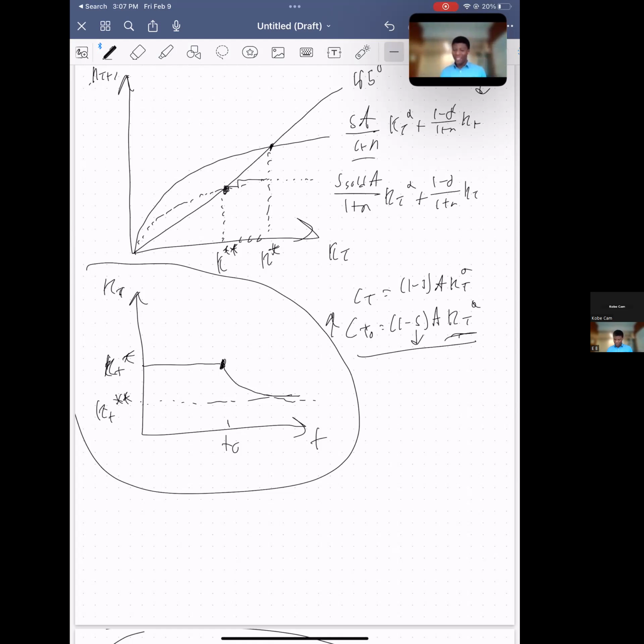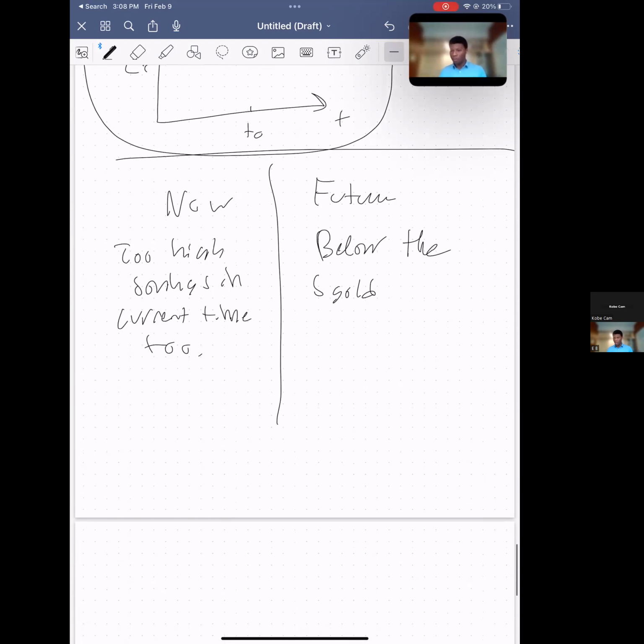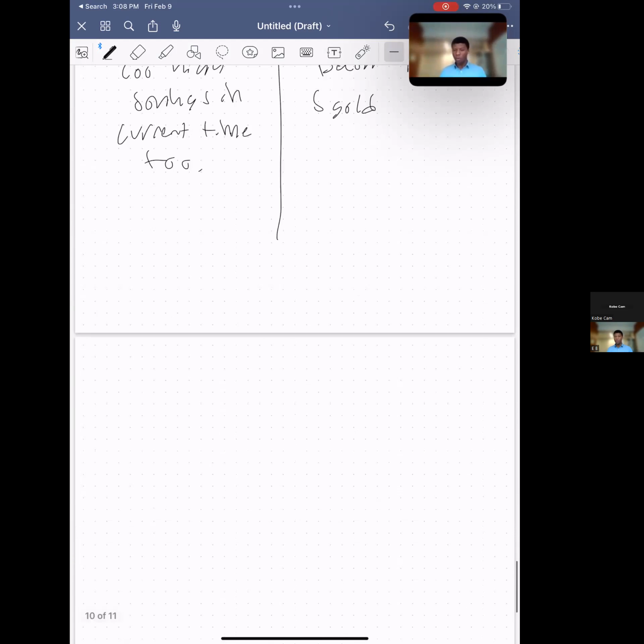So at time t0, we're consuming more than we would if we were at S gold right now. But in the future, we would be consuming more at S gold than we would be consuming at our S, which is below S gold. That's unintuitive. How does that work?